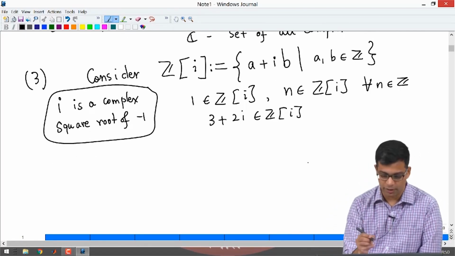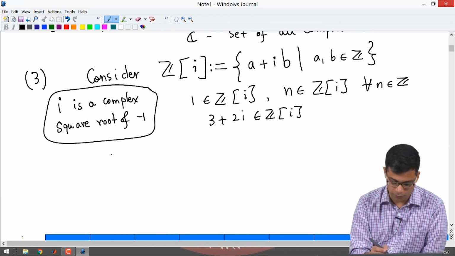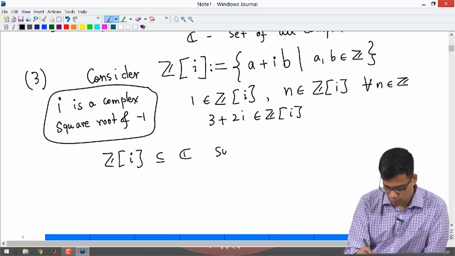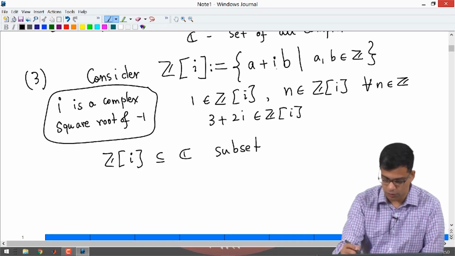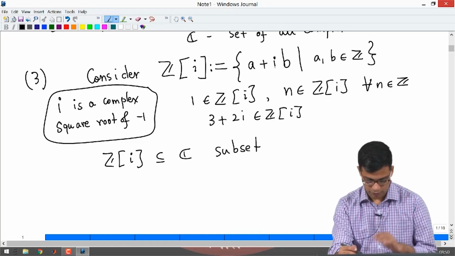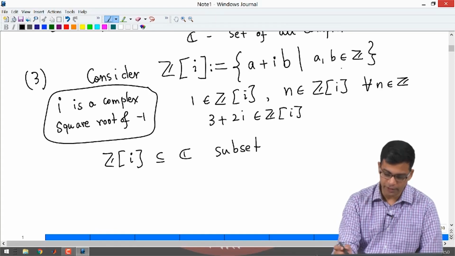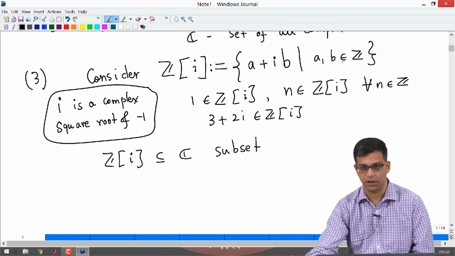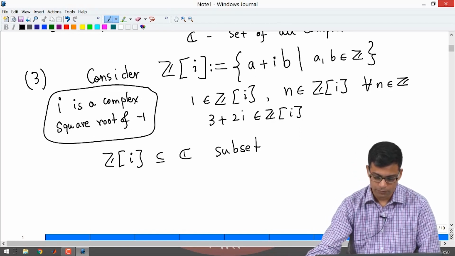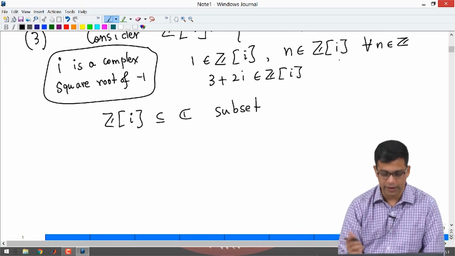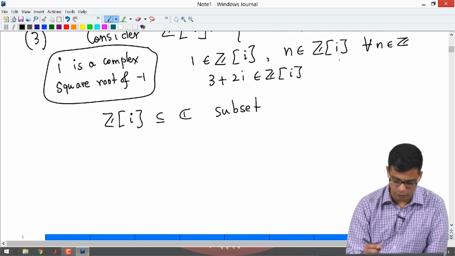We understand this is a subset of complex numbers, because a plus ib is a complex number. Only we are restricting a and b to be integers. In general, a and b are any real numbers, that way you get any complex number. Now, we want to only look at integers a and b. So, it is a subset. I want to think of this as a ring later on.